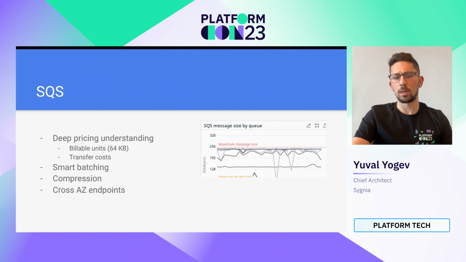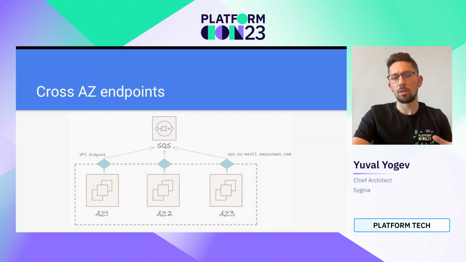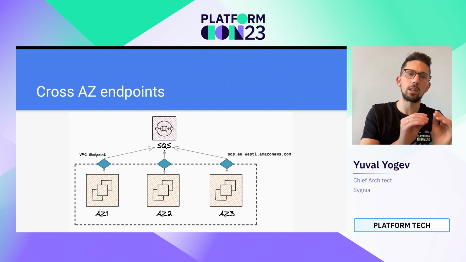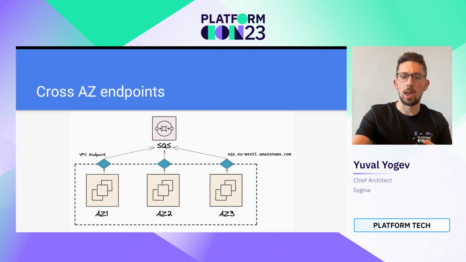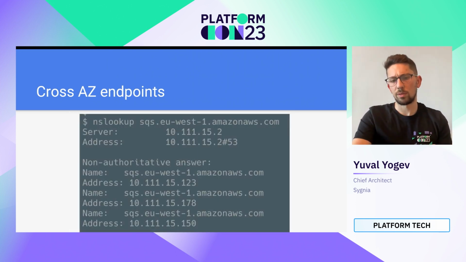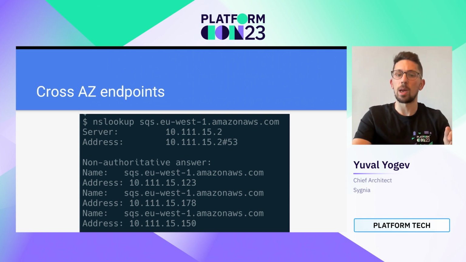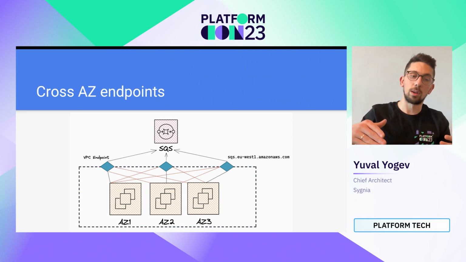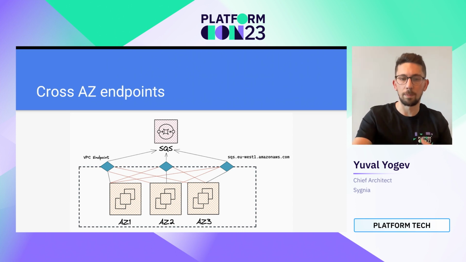Another peculiar example is availability zone endpoints. Our application is running on 3 endpoints, and we assumed that every application running in a specific availability zone would communicate with the endpoint designated to that availability zone. However, we saw very big cross-AZ charges in our bill. When we looked into the server, we saw that every server is actually communicating with 3 IPs, one for every availability zone. And that was very weird for us. So the real reality looks like this. Every server is contacting all of them, and the red lines are communication that you're paying a lot of money for.